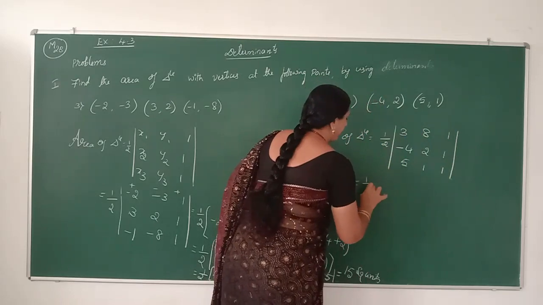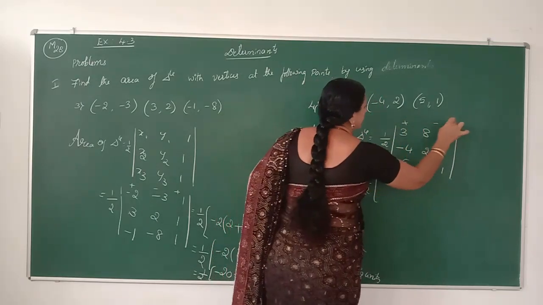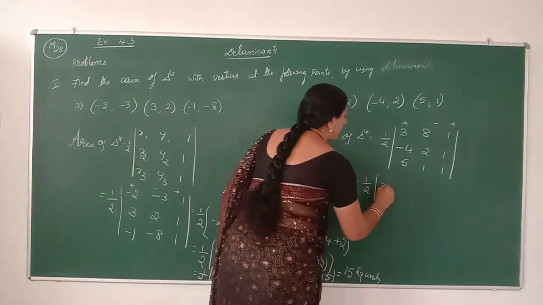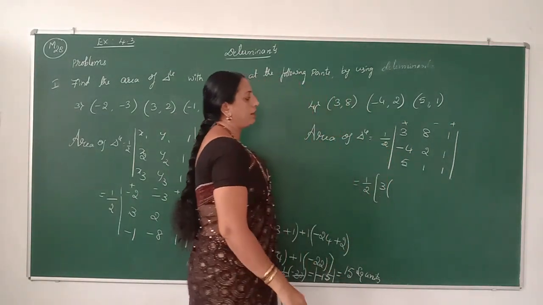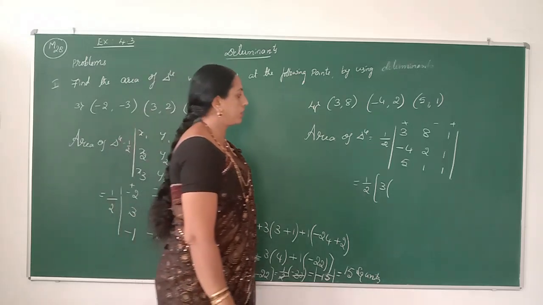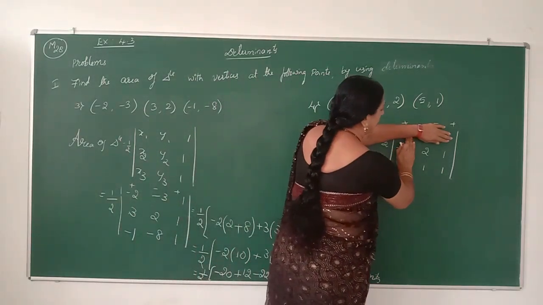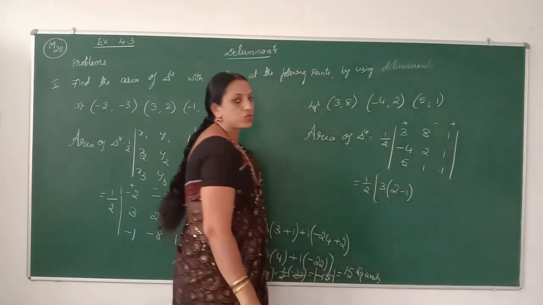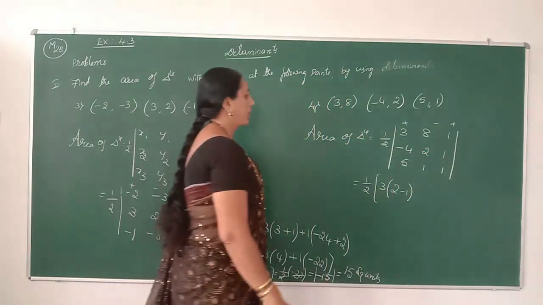So that is half of. The elements are multiplied with their alternating sign. 3 of: 3 is an element of first row, first column, and these elements are neglected and the remaining are cross multiplied. That is 2 into 1 is 2.